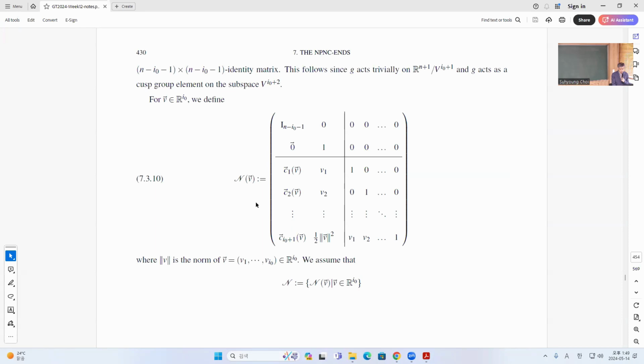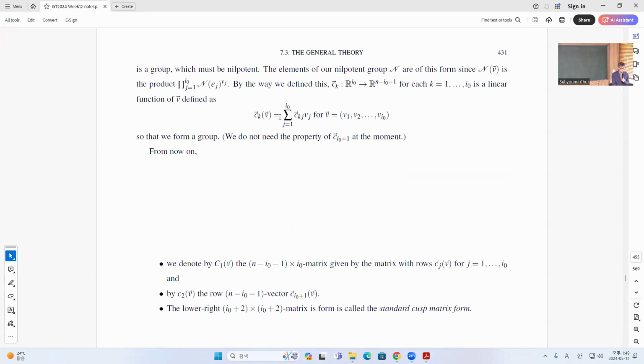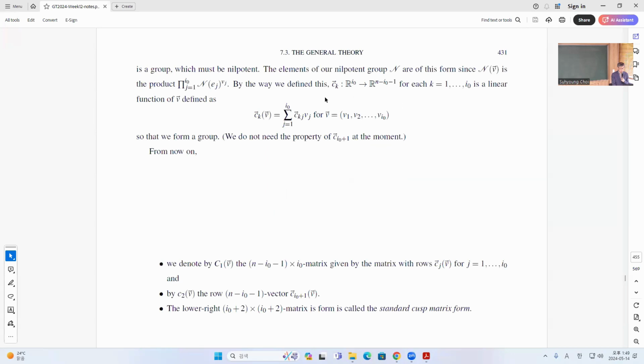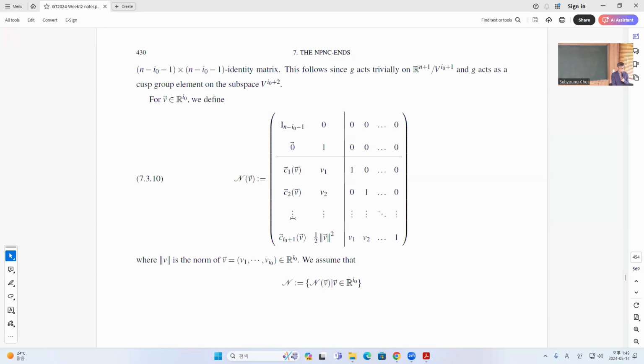And so let's define this kind of matrix where these are all diagonal, and then there's something like this. And these v are of course related, and then there's this norm here. And then these are some vectors here, depending only on this vector v. Okay. And these will be linear functions, so up to here will be linear functions up to i0. And so that this forms a group, you need these to be linear here, but not this one yet.